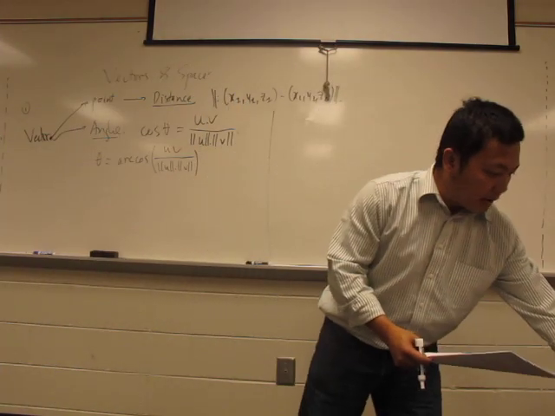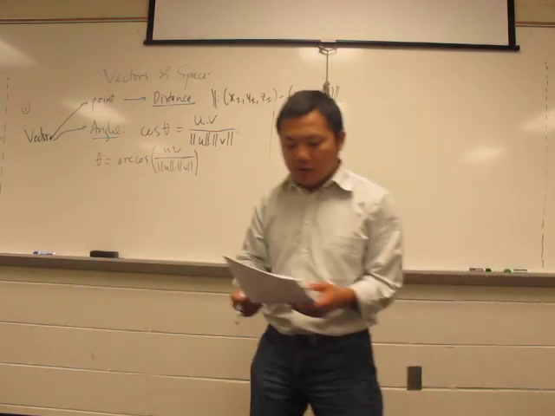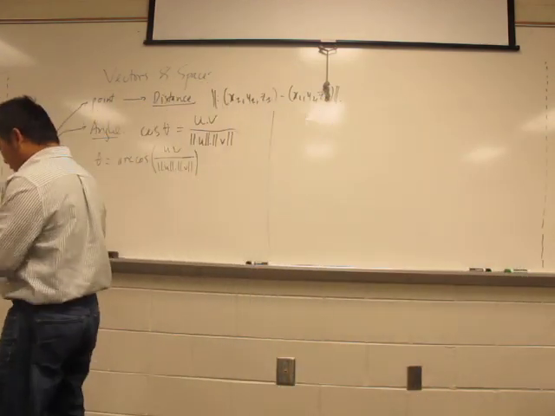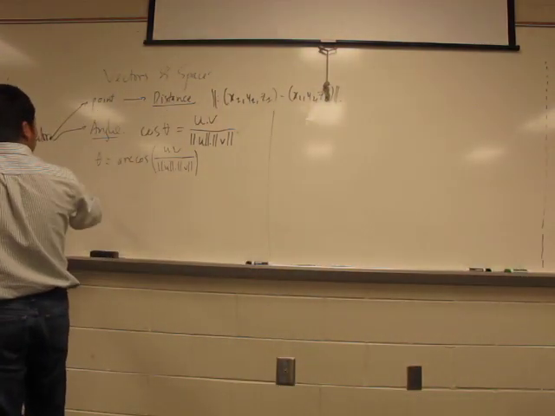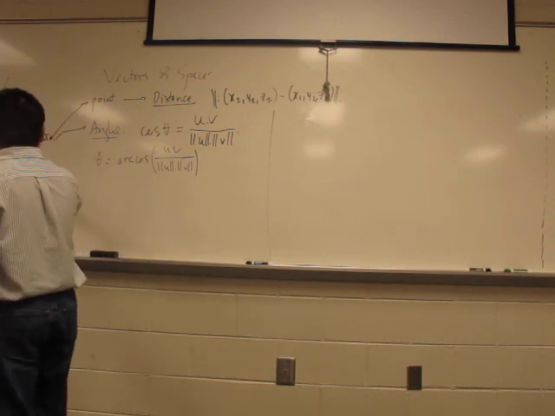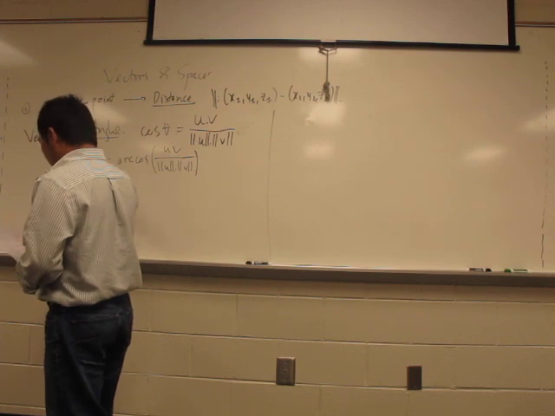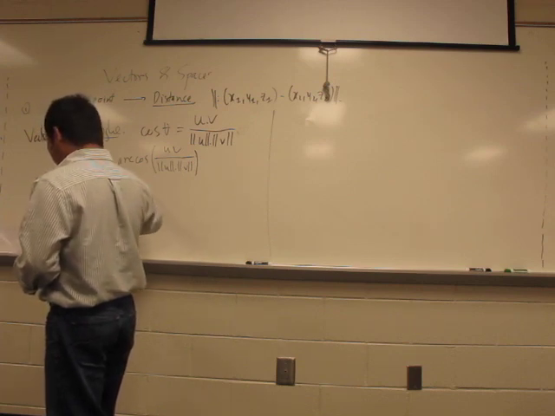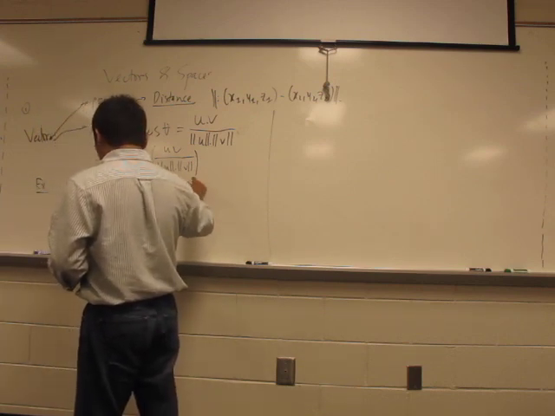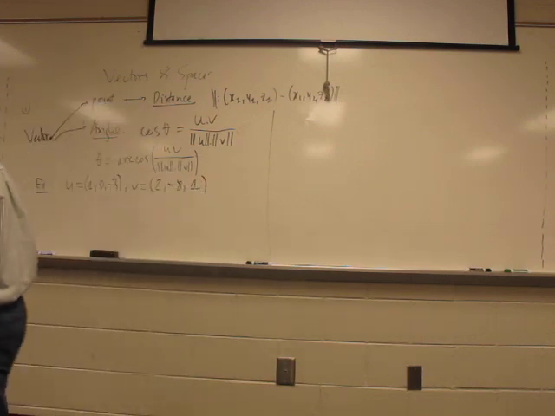So for the first chapter we have 4 problems. I'll just go ahead and solve those problems, for each topic. So let's say u is 1, 0, 3, and v is 2, 9, 1. They ask you to find the angle between the vectors in radians and degrees.